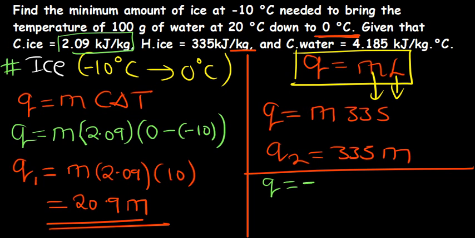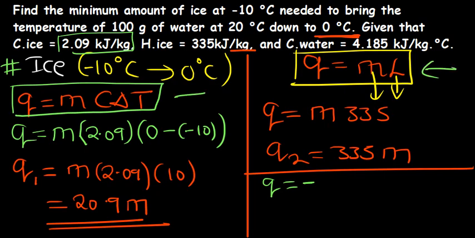We use the same change in temperature formula, not the change in state formula, since the water wasn't changing state, we're just cooling it. The mass was 100 grams, divide by 1000, that will be 0.1 kilograms. And then the specific heat capacity of water was given as 4.185, that is in kilojoules per kilogram. And then the change in temperature will be 0 minus 20.